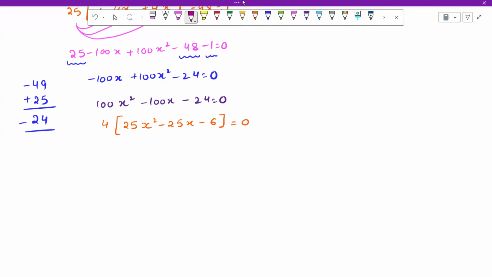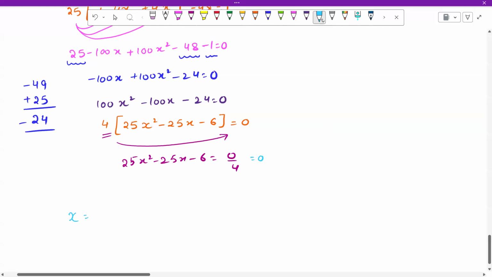Okay. So 4 is in multiplication, goes to the other side in division. So 25x square minus 25x minus 6 equivalent to 0 over 4, which is nothing but 0. So this becomes an equation and we can use the quadratic formula. ax square plus bx plus c equivalent to 0. So a here is 25, b is negative 25, c is negative 6.